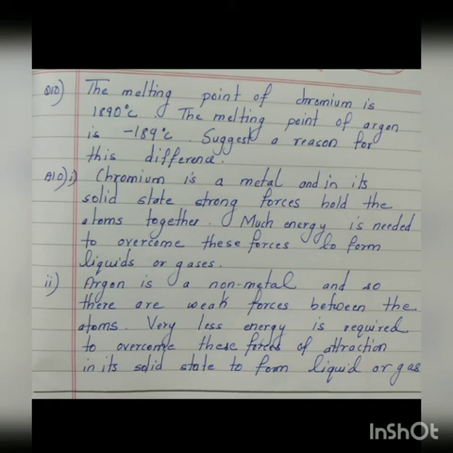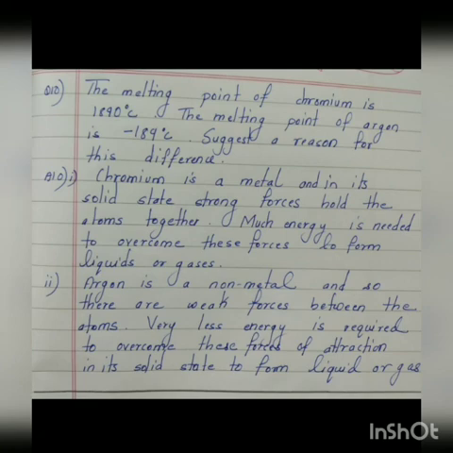So, chromium is a metal, and as we already discussed, in metals the intermolecular forces are stronger than the intermolecular forces present in non-metals. So when intermolecular forces are strong, we need higher temperature to break down those forces of attraction. So all the metals have high melting point.